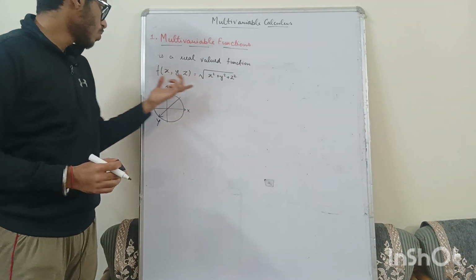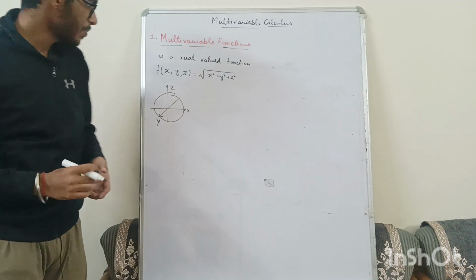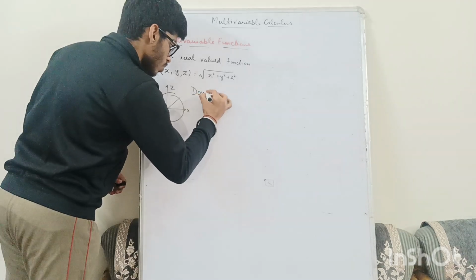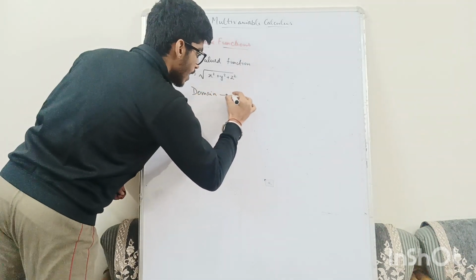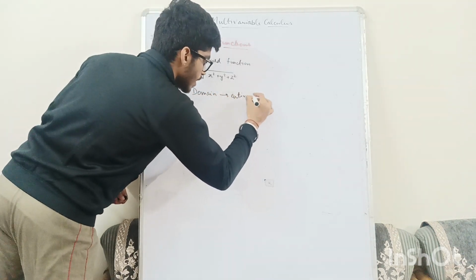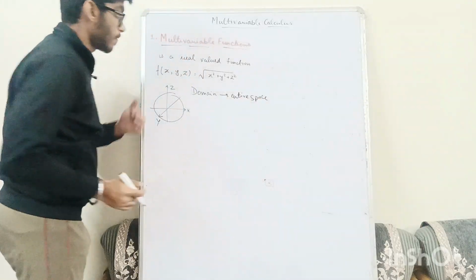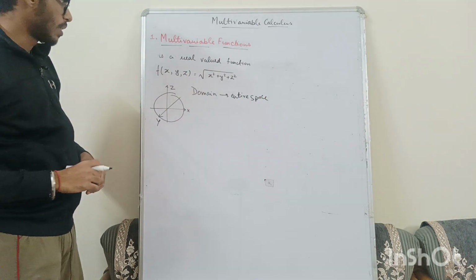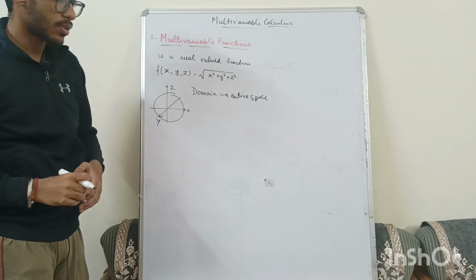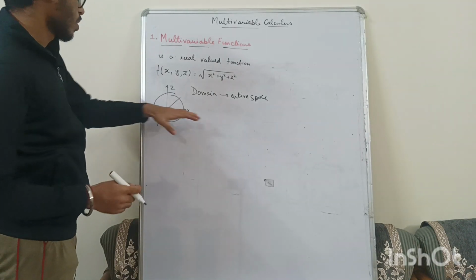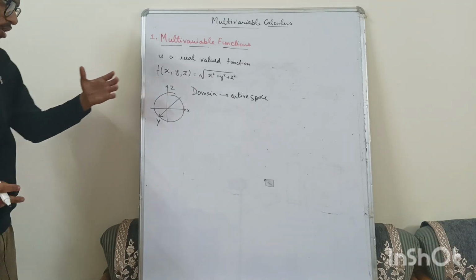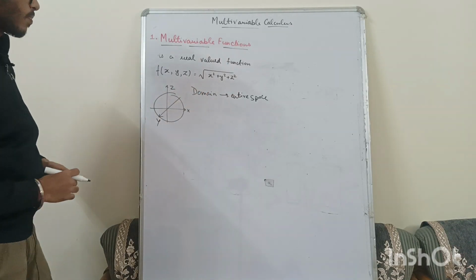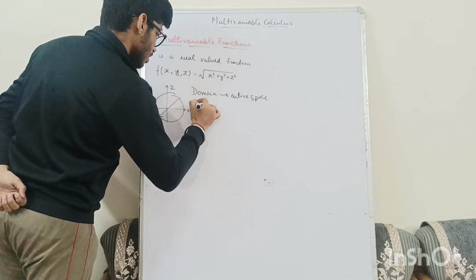I will get some value of f of x, y, z. So its domain will be the entire space, right? For every point in the space, the function is defined. It is not giving us an unbounded result, it is not giving infinity, right? So the domain is the entire space.